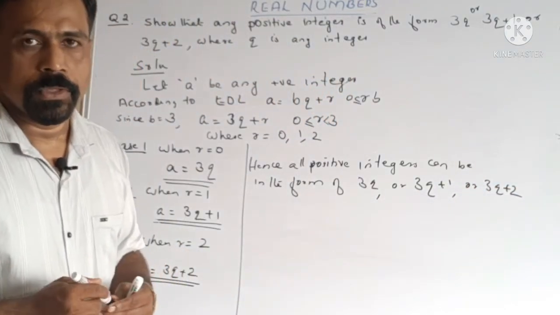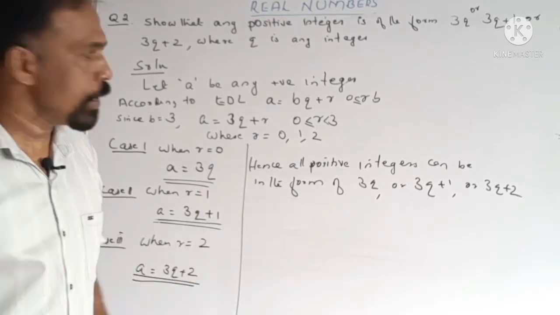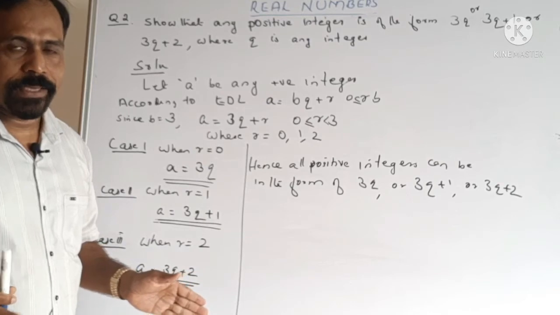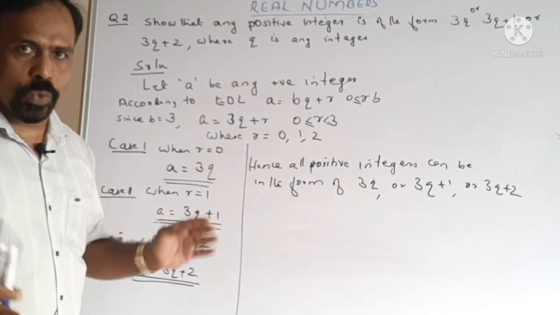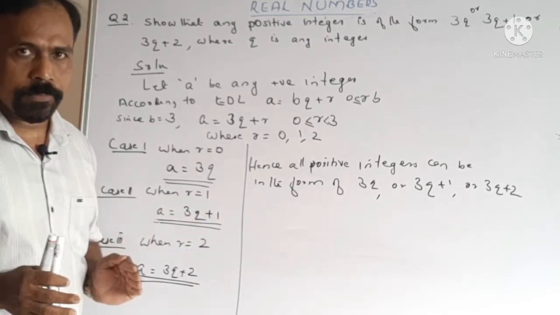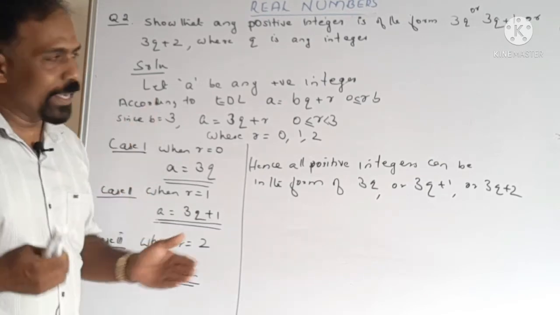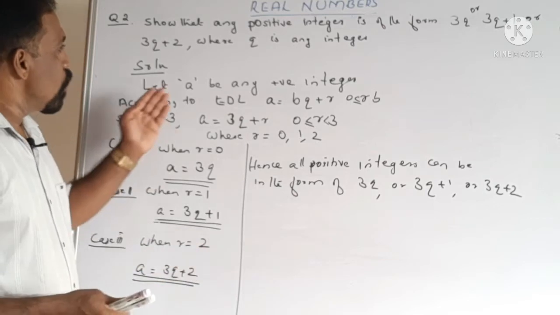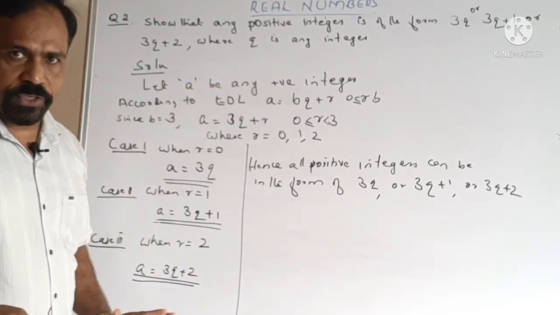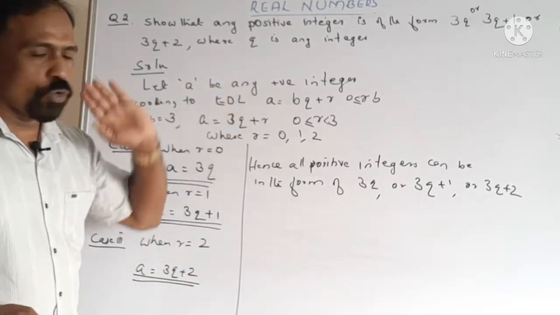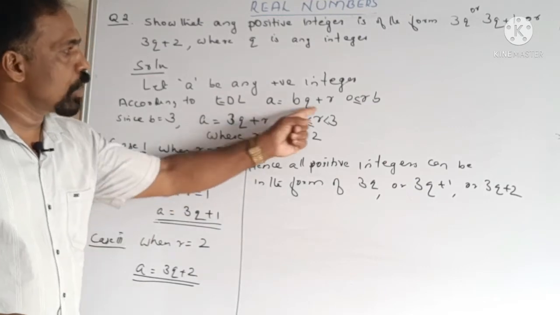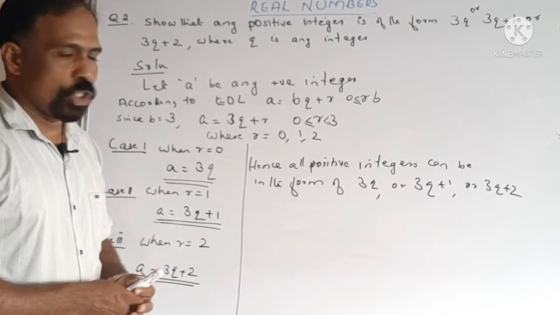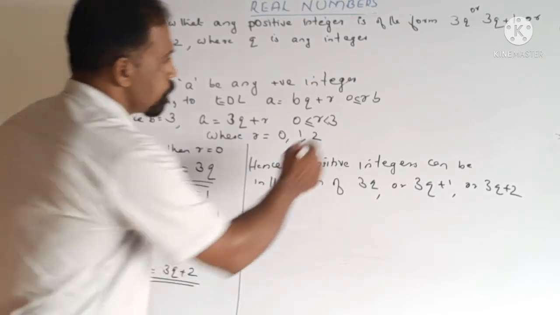That's all. So let us do a quick revision. The question says all positive integers can be expressed in the form of 3q, 3q plus 1 or 3q plus 2. Now we know that it is a clear-cut division by 3. So according to Euclid's division lemma, a is equal to bq plus r, and r should be between 0 and b.